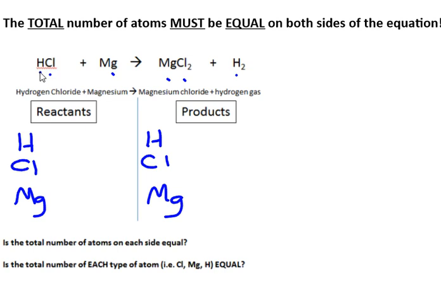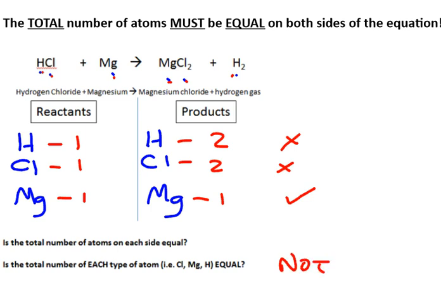Counting the amounts that we have, I see 1 hydrogen, 1 chlorine, and 1 magnesium. After the reaction, 1 magnesium, 2 chlorines, and 2 hydrogens. While the magnesiums match, the hydrogens and the chlorines do not. This reaction is not balanced.